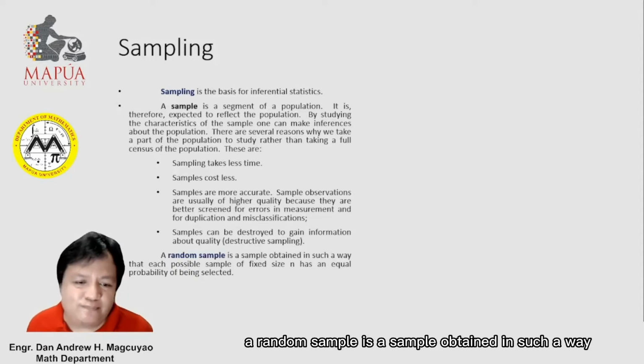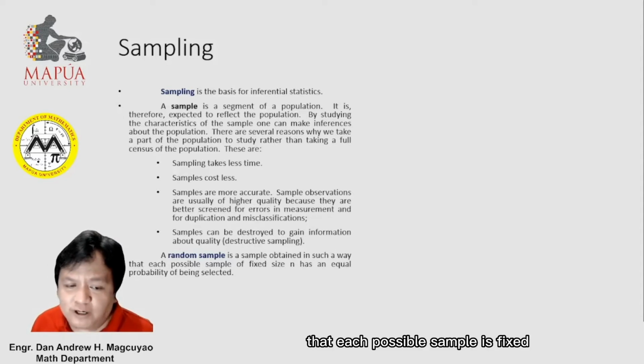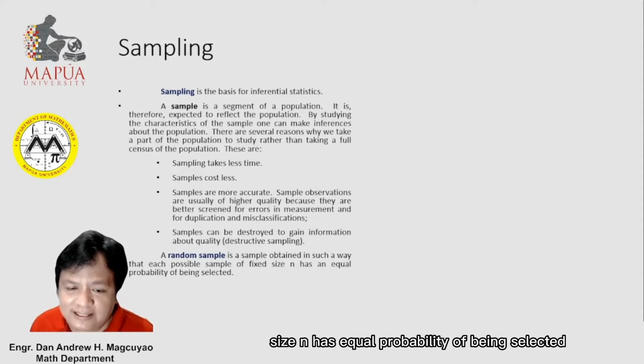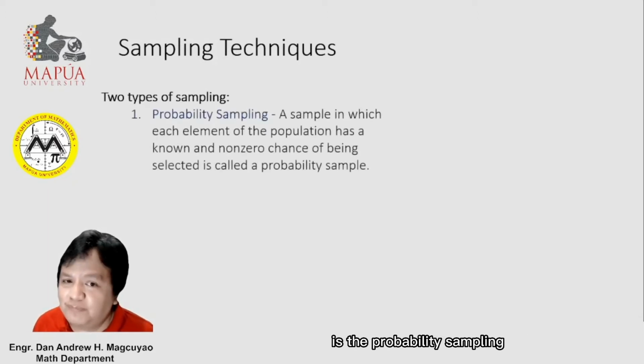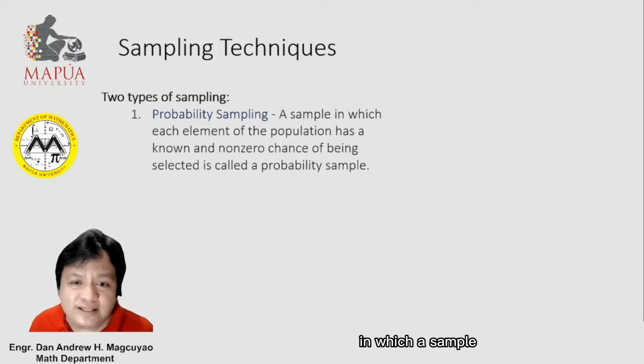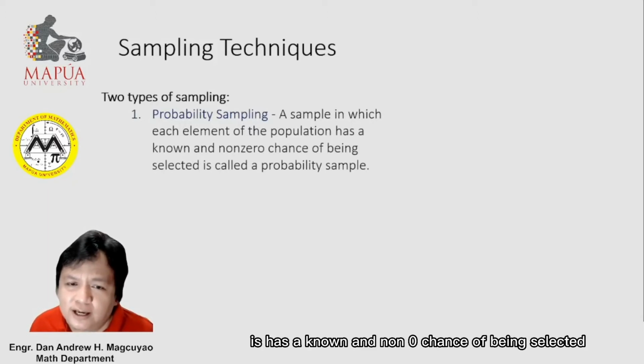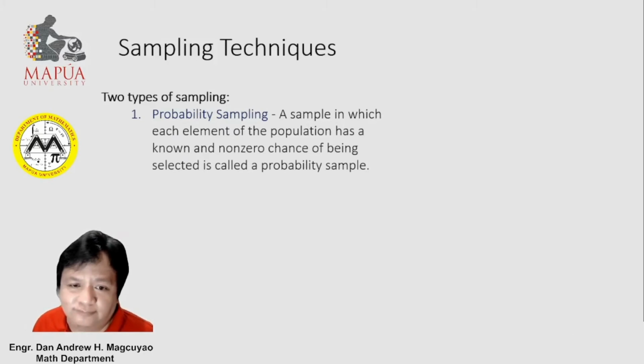A random sample is a sample obtained in such a way that each possible sample of fixed size n has equal probability of being selected. Let us now categorize sampling into two. First is probability sampling, in which a sample has a known and non-zero chance of being selected.